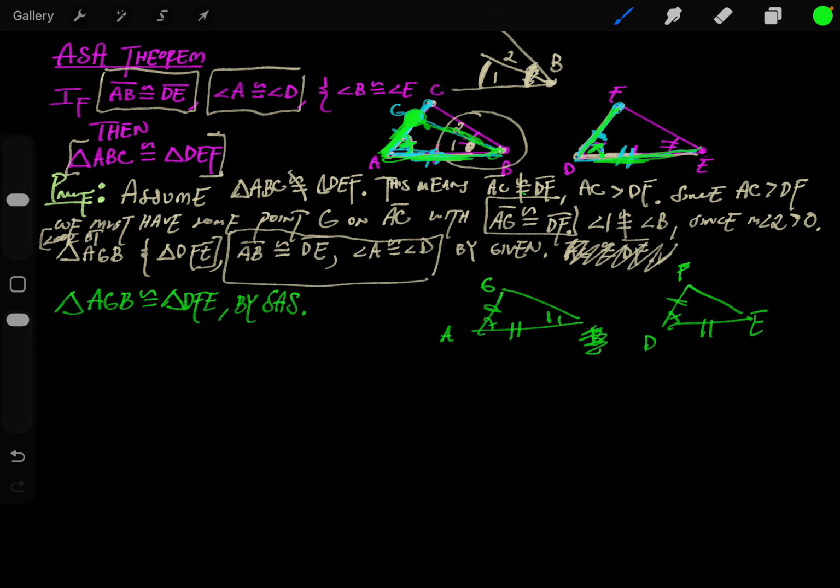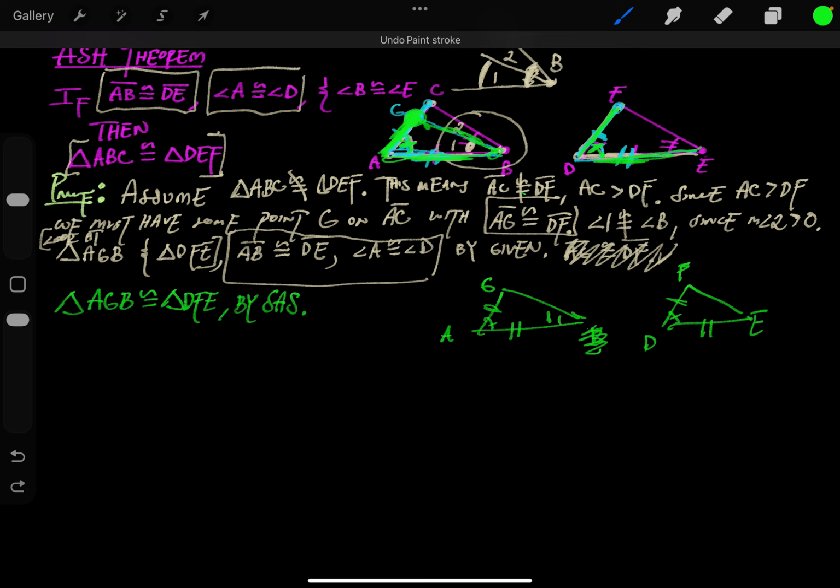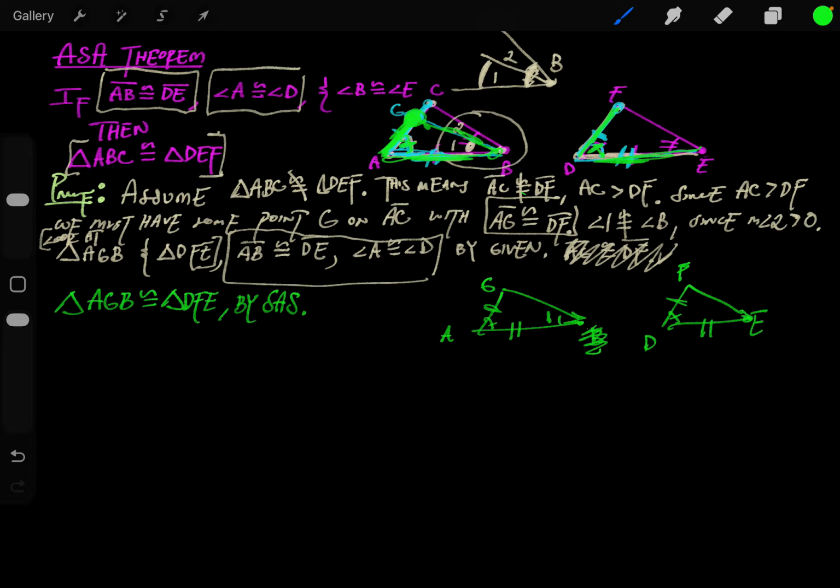This is angle 1 right here; B is just the point. Then 1 is the same as E because they're corresponding. So I can say angle 1 is congruent to angle E by CPCTC.